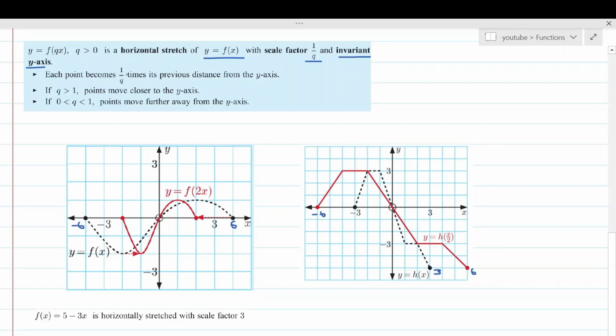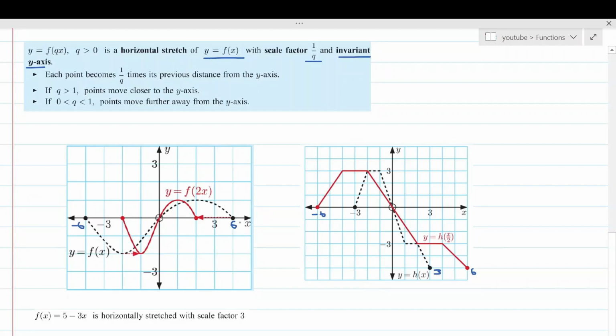So each point becomes 1/q times the previous distance from the y-axis. Now, what does this mean? If q is greater than 1, let's look at this graph over here. Here our q value is 2. If we observe, the red line is the new function and the dotted line is the old function.